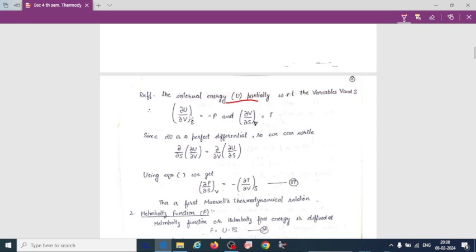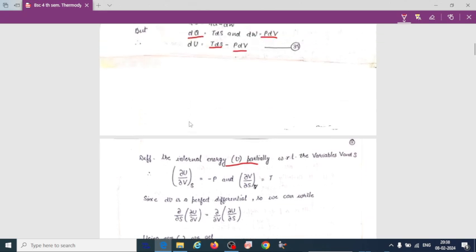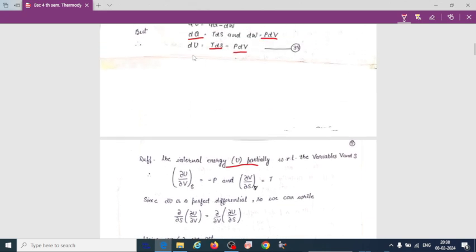For the internal energy, the partial derivative is dou U by dou V. After getting this equation, if we take the partial derivative of internal energy with respect to volume, then this term is going to be equal to pressure, minus P. So minus P is equal to dou U by dou V at constant entropy.